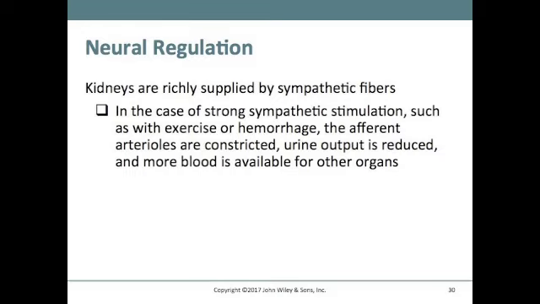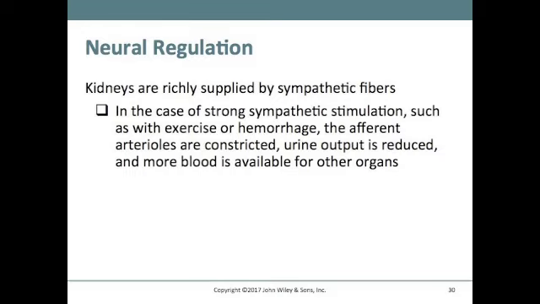With moderate sympathetic stimulation, both afferent and efferent glomerular arterioles constrict to the same degree. Blood flow in and out of the glomerulus is restricted to the same extent, which decreases the glomerular filtration rate only slightly. With greater sympathetic stimulation, however, as occurs during exercise or hemorrhage, vasoconstriction of the afferent glomerular arterioles predominates.